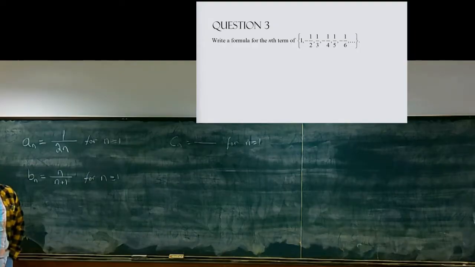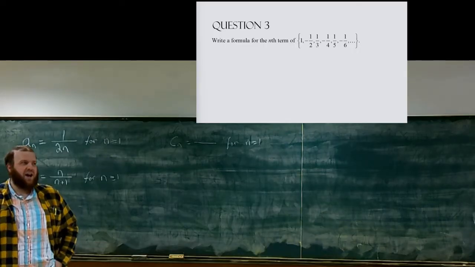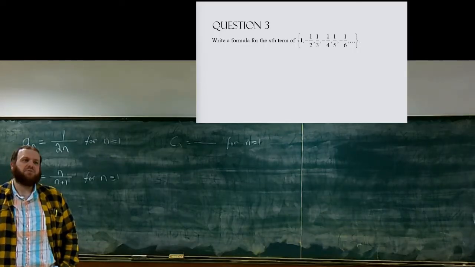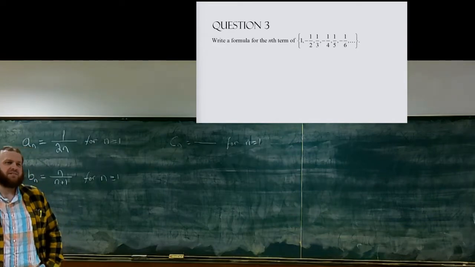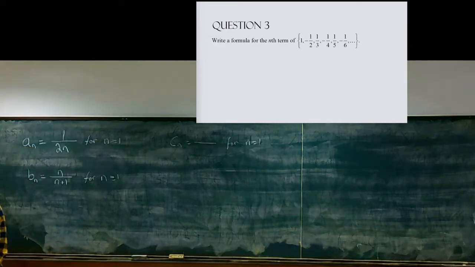So it alternates between positive and negative. How are we going to represent that? So first term is what? Positive or negative? Positive. Second term, negative, third term, positive, fourth term, negative. So all the odd terms are going to be positive, all the even terms are negative. It's definitely going to be a power.